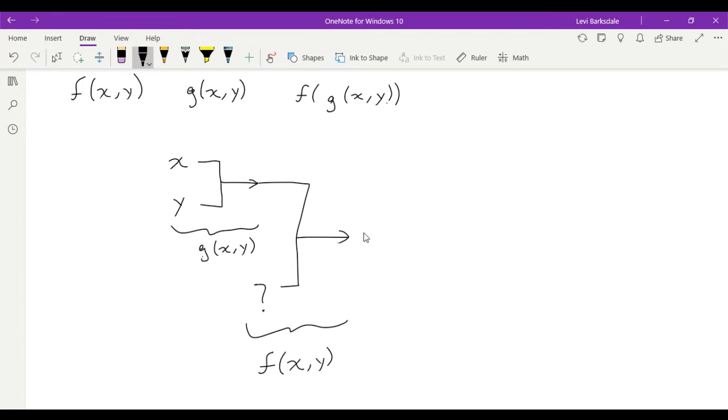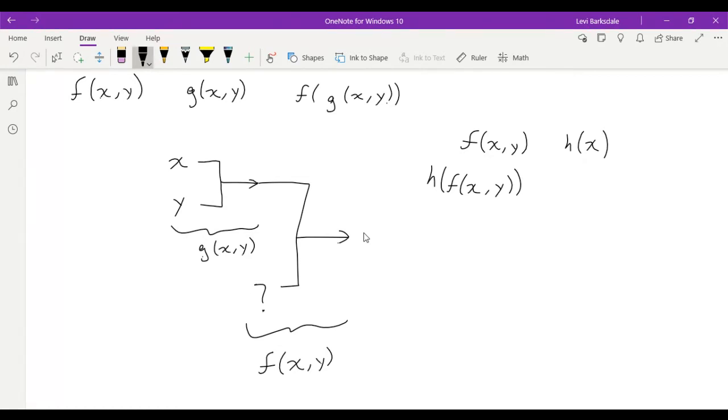You can compose multivariable functions with single variable functions. So for example, if you have your same f of xy and you have a function h of x that takes in one variable, well, you could do h of f of xy, because h only takes in one thing as input, f gives out one thing as output.